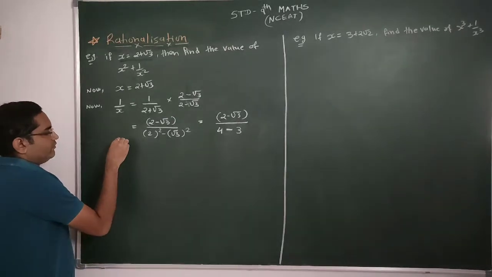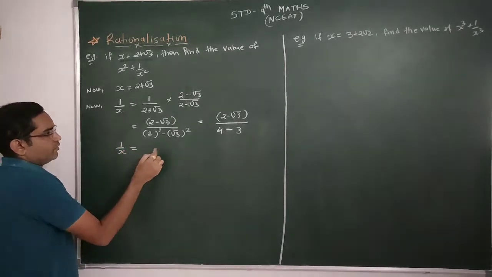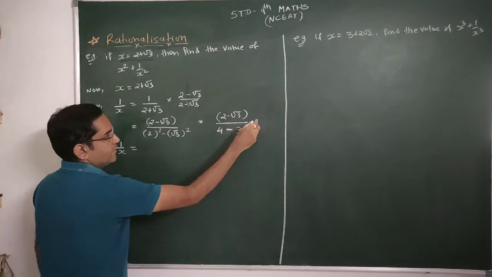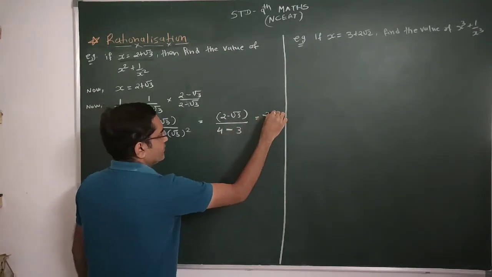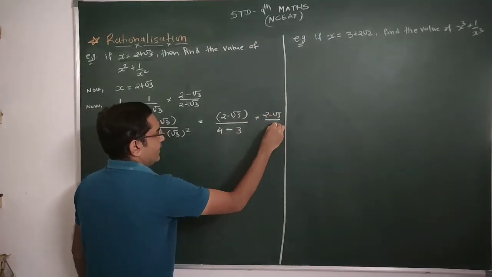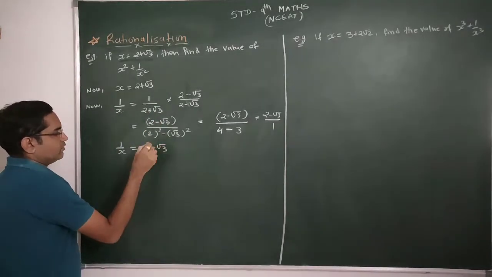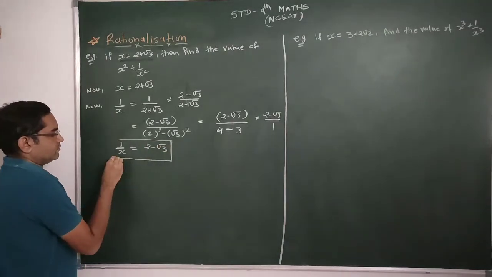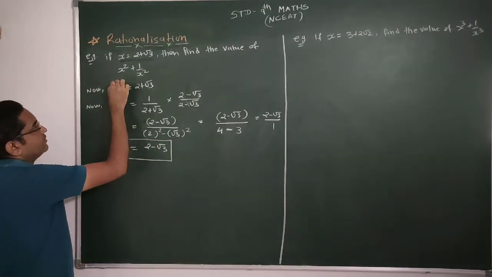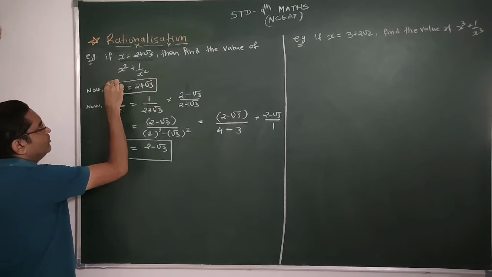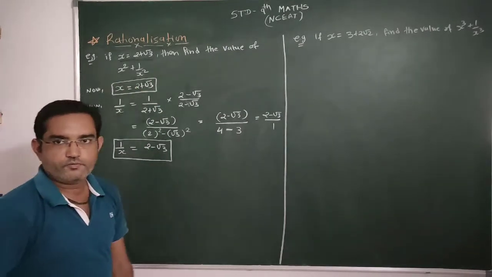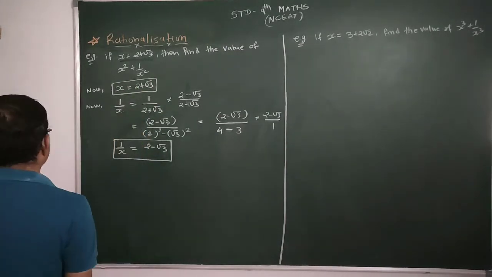Done? So our 1 upon x equals 2 minus root 3, whole divided by 1, so it can be written as 2 minus root 3.